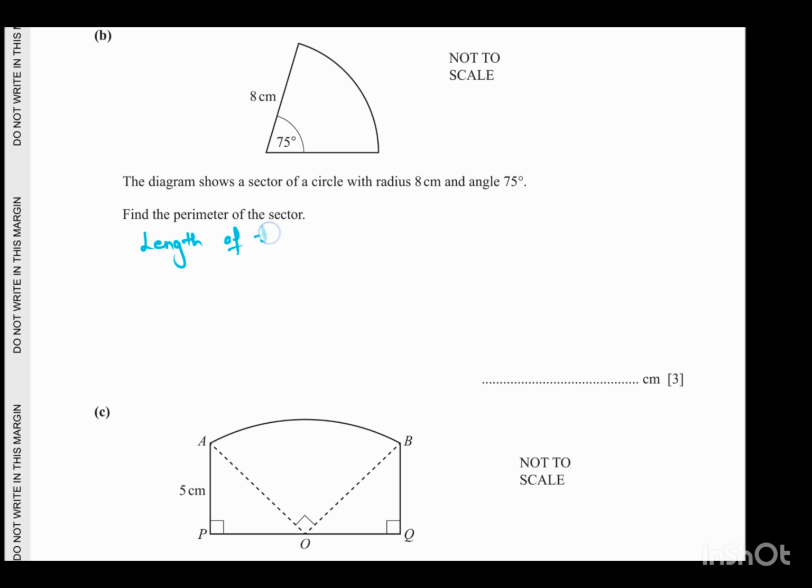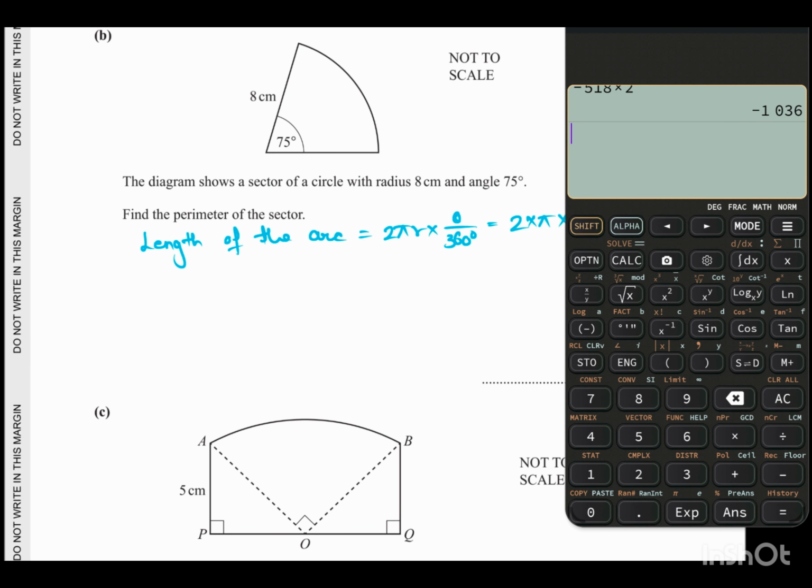So length of the arc, let us find out first. Length of the arc will be 2 pi r into theta by 360. So that will be 2 into pi into 8 into 75 by 360.